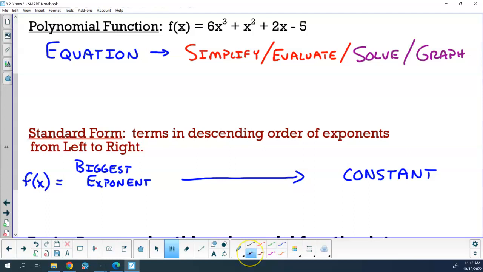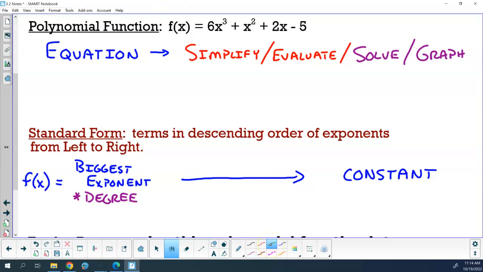This biggest exponent here is called the degree of the polynomial. The degree of the polynomial tells you many, many wonderful things. Okay? And we'll get into that today, of all of the things that the degree of the polynomial tells you. Okay?